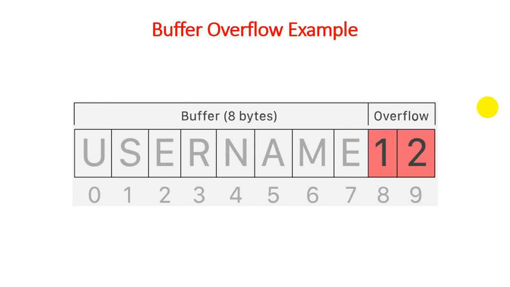Now we see an example of buffer overflow. As I mentioned, if a buffer size is 8 bytes, then from 0 to 7 we can store our data. But if we store 10 digits, then at the last two positions, 8 and 9, it overflows.